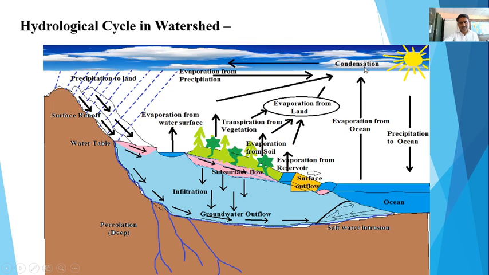And as you know, the temperature is lower as you go higher and higher, and whenever these water vapors and all the molecules of moisture reach the height, the condensation process occurs.